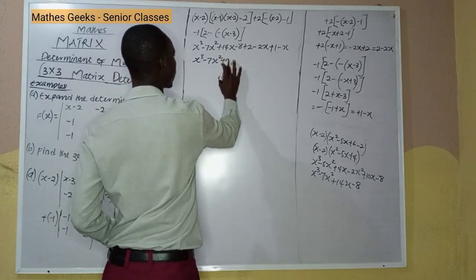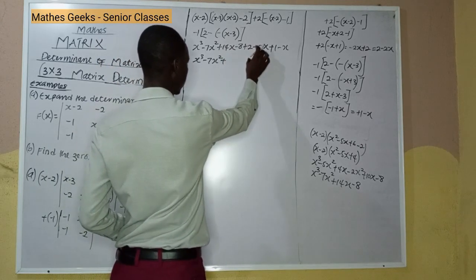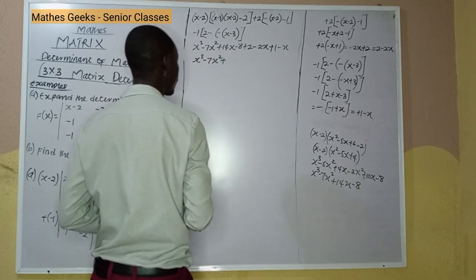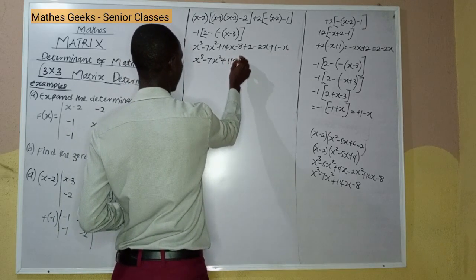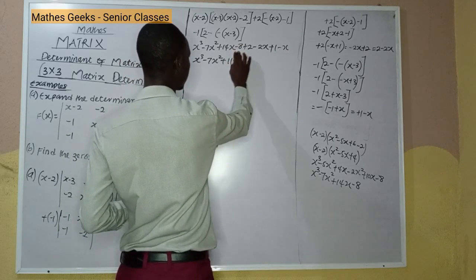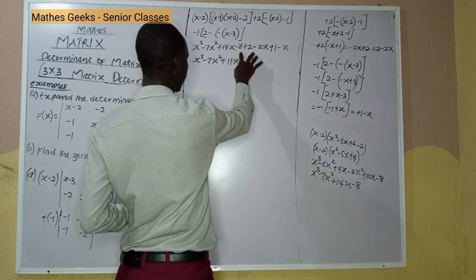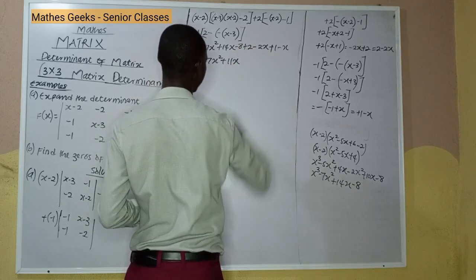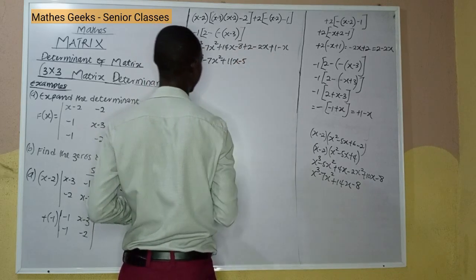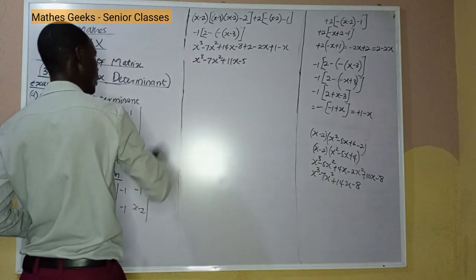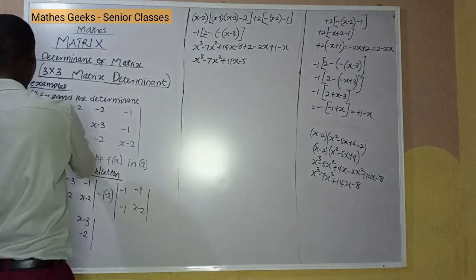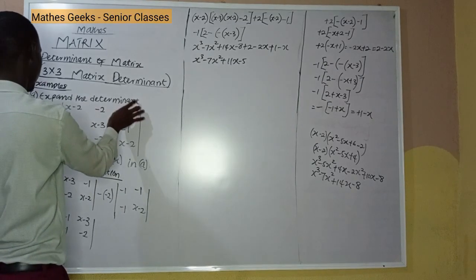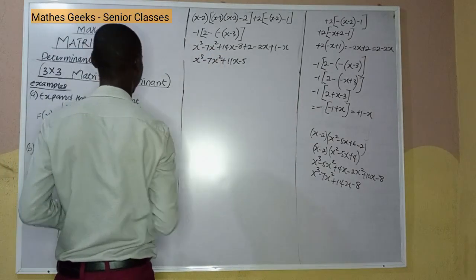Plus 14x minus 2x gives us 12x, plus 12x minus x will give us 11x, minus 8 plus 2 minus 6 plus 1 gives minus 5. That's all. So this is the expanded determinant.